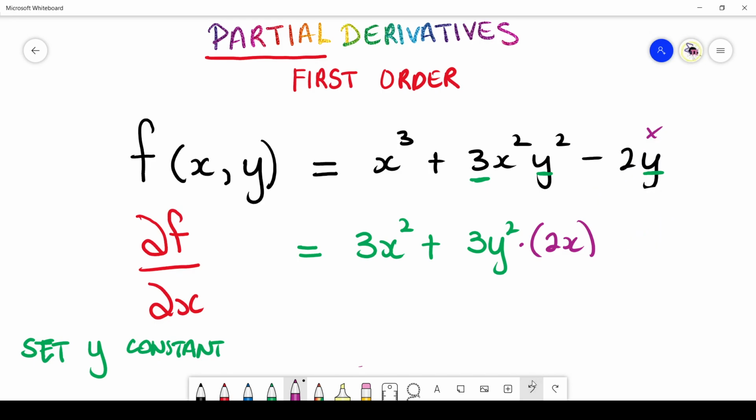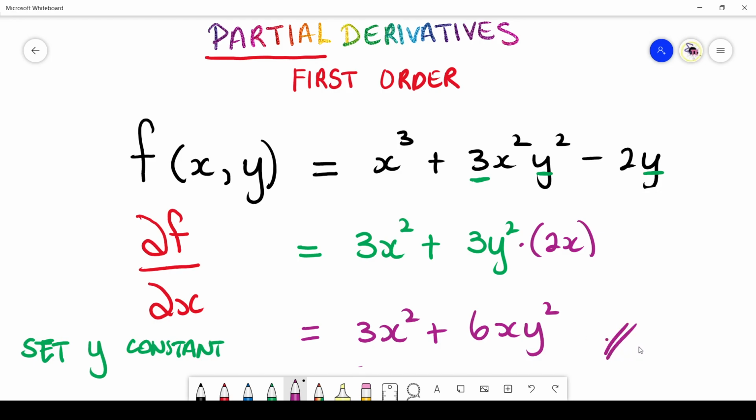In time, you will understand how to naturally generate your answers and how to naturally see certain variables as being just numbers. For now, we'll take it one step at a time. After differentiating partially, what you simply do is simplify what we have on screen. 3 2's are 6. Personally, I like to write my letters in alphabetical order, and that is our final answer.